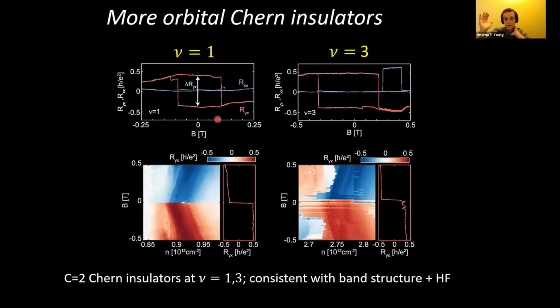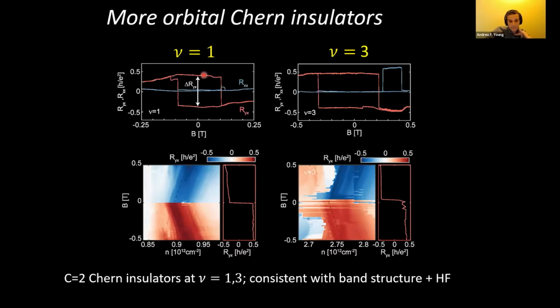And this is a much easier system to make. I think we've made 3 samples, and 2 of them show exactly the same physics down to the details, the ones that are at the same angle. So this has helped with that material problem. The quantization is still not perfect, but at least now you can see that this physics does reproduce.